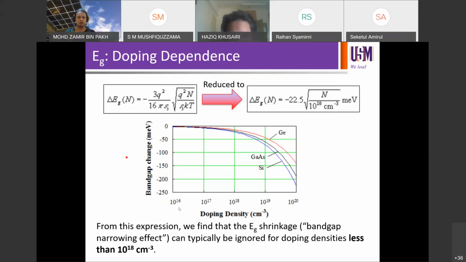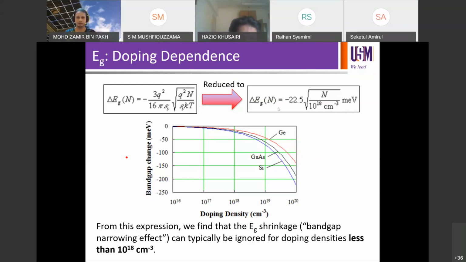When you increase the doping from 10^16 to 10^18, there's barely any change. Well, you can see a little change there, from 0 down to minus 10, minus 20 milli electron volts. That's very small, electron volt divided by 1,000. That's quite small, but you can see a more significant effect on the band gap reduction when you go past 10^18 per cm cubed.